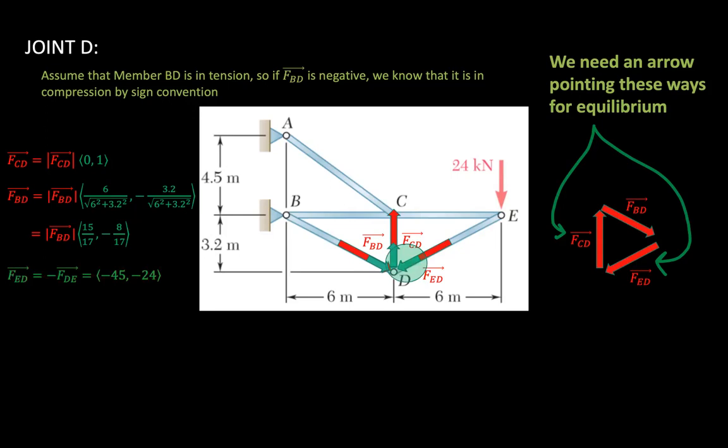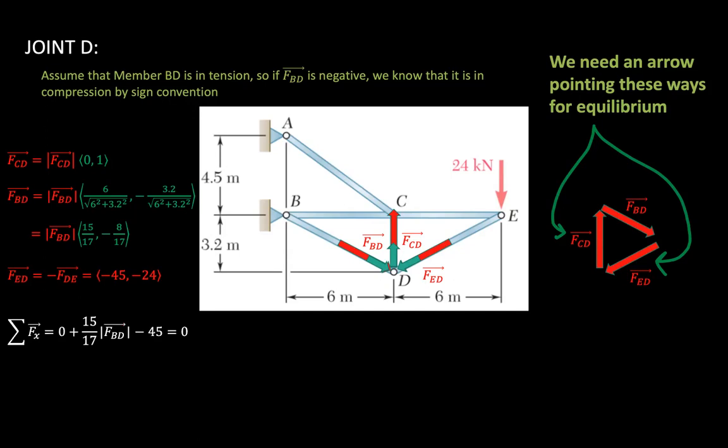And this third vector over here is from FDE, except it is the negative of the unit vector along DE.